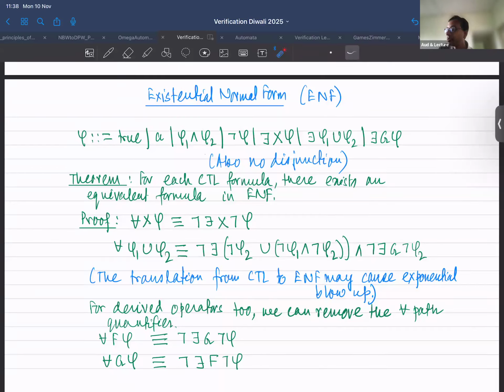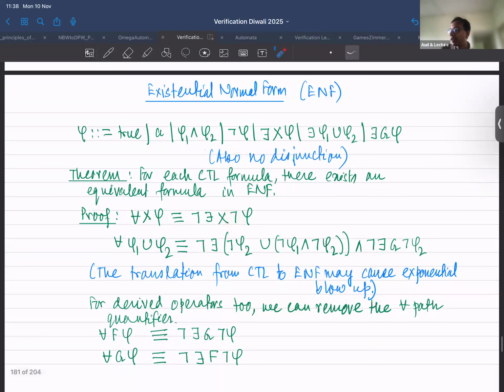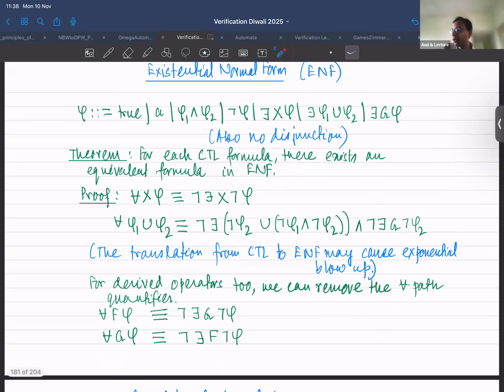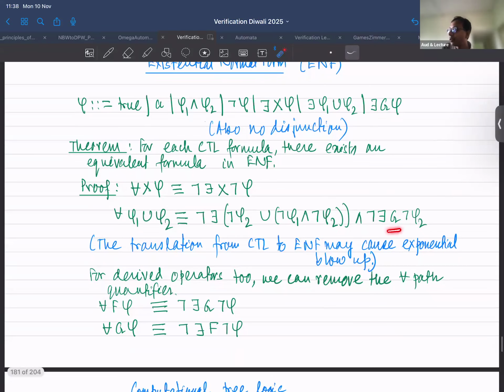Just one thing we should note is that the negation can be applied only on the state formulas. Clear? And if you have, let's say, for all phi 1 until phi 2, it is like it's not the case that there exists a path in which negation of phi 2 until negation of phi 1 and negation of phi 2, as well as we want this condition, which is that it's not the case that there exists a path such that always negation of phi 2, right?